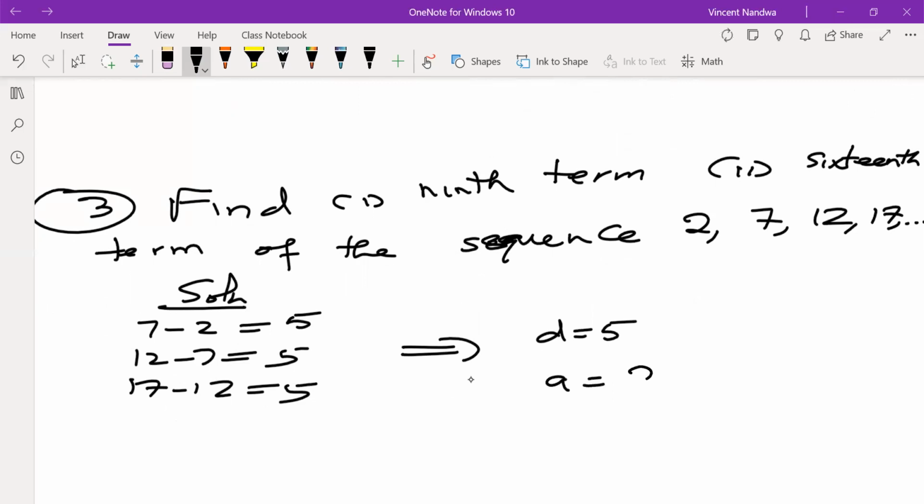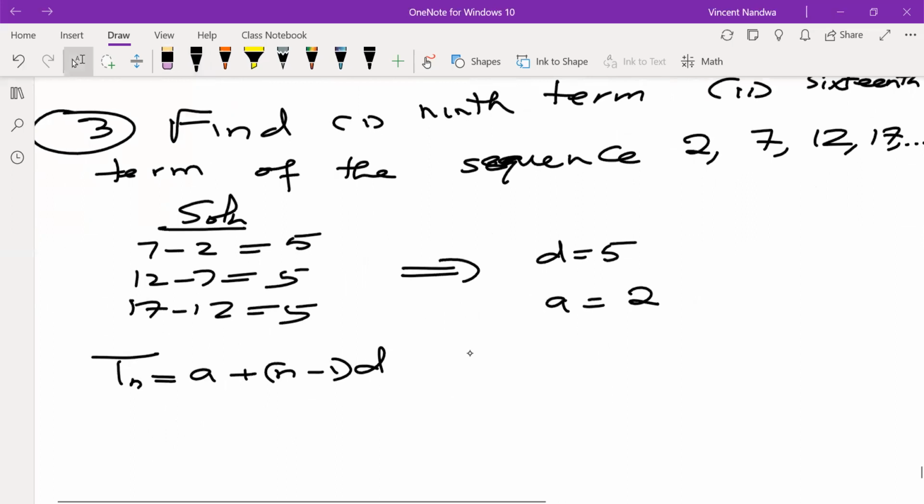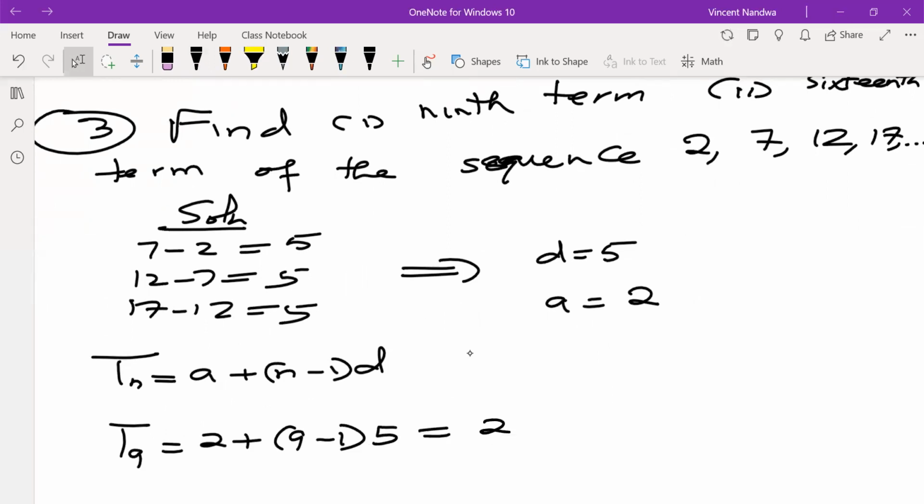And A is 2. We know that the nth term is A plus n minus 1 times D. So when you want to get the ninth term, n will be 9. So T9 will be 2 plus 9 minus 1 times 5, which is 2 plus 8 times 5, which will be 42.